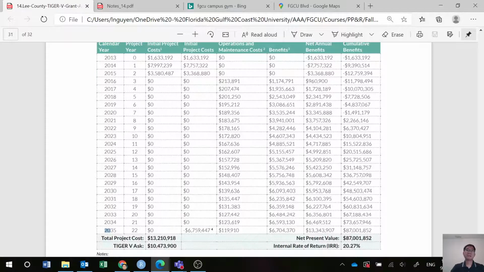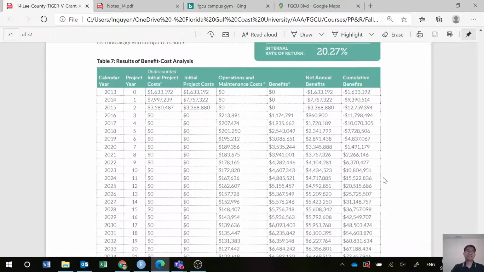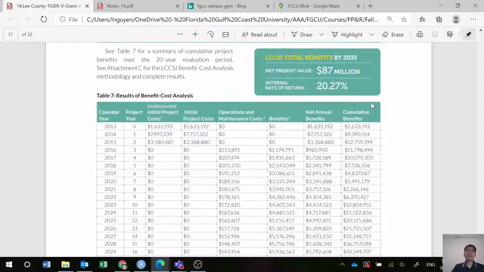With that, they are able to find out the net benefit is $87 million. That is the cumulative benefit minus the operation and maintenance cost and the initial cost. And as you can see for this project, this is the benefit cost that we are going to talk about today, and something we are already talking about is the net present value.